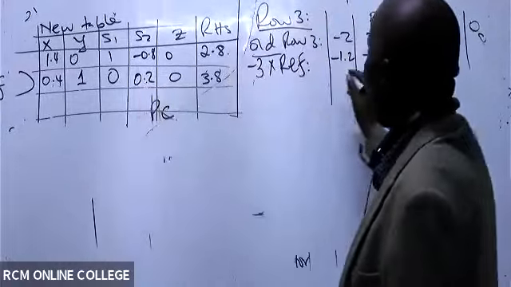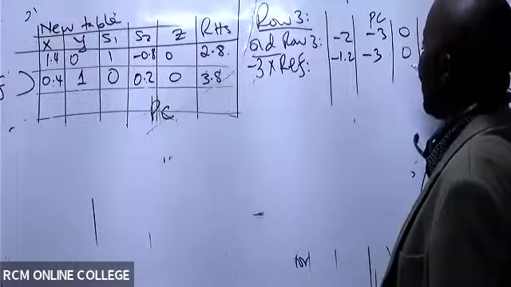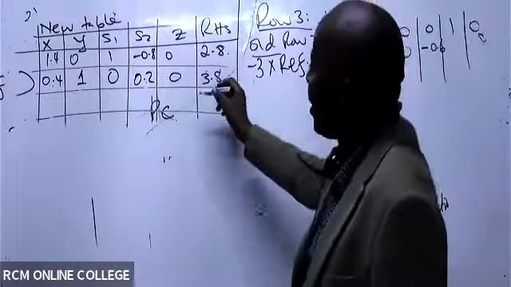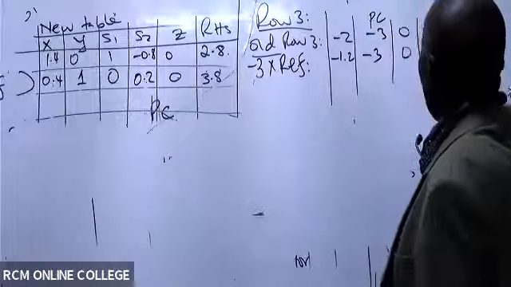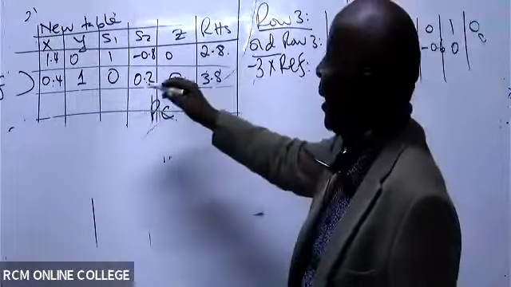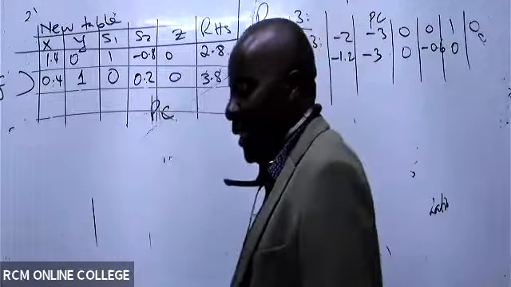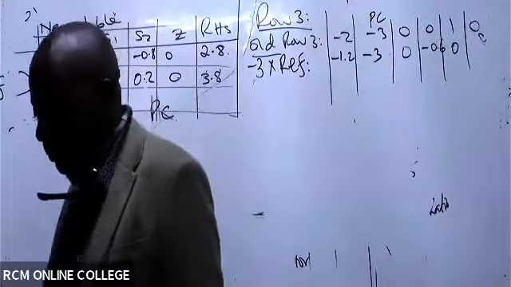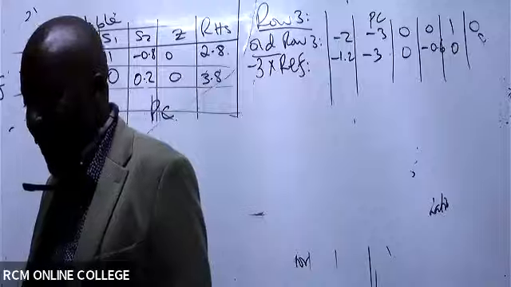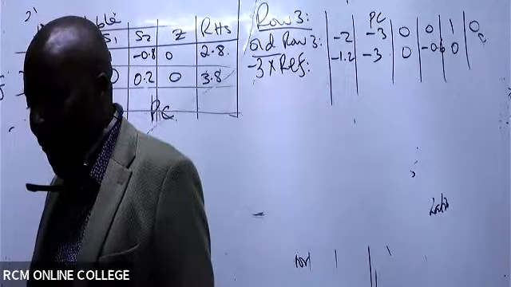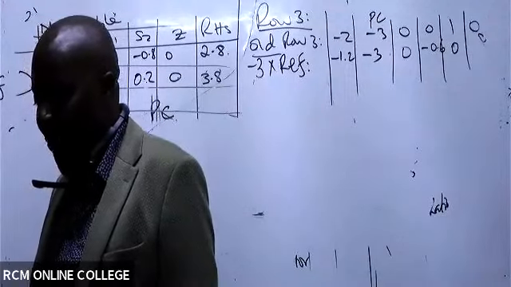That gives me minus 0.6. And then we have minus 3 times 0, that is 0. And lastly, we have minus 3 times 3.8. That will give us what figure?